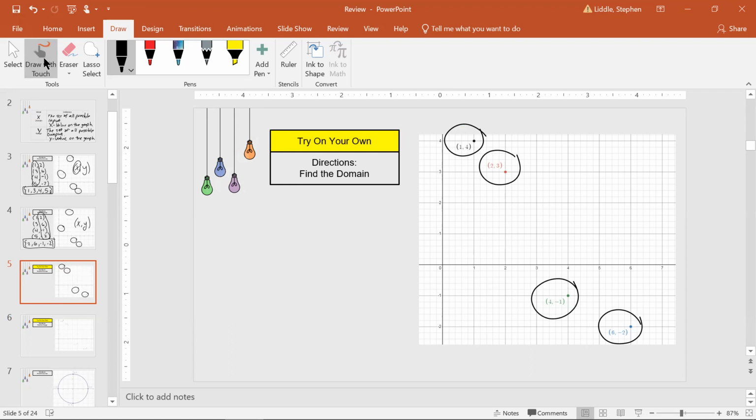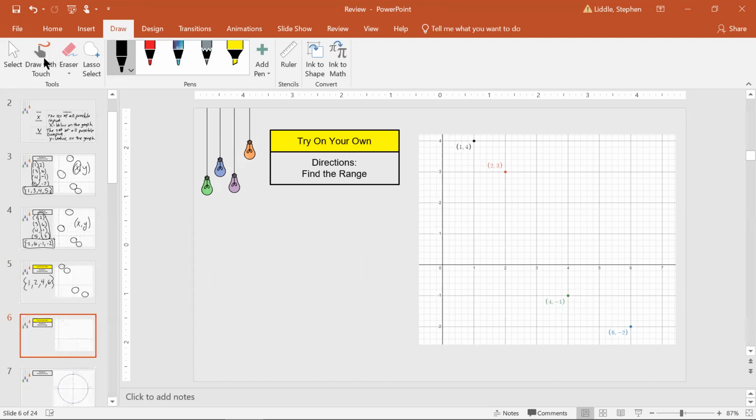So for our domain here, we are going to have 1, 2, 4, and 6. And for our range, we're going to look at the Y values of each point. So that gives us 4, 3, -1, and -2.